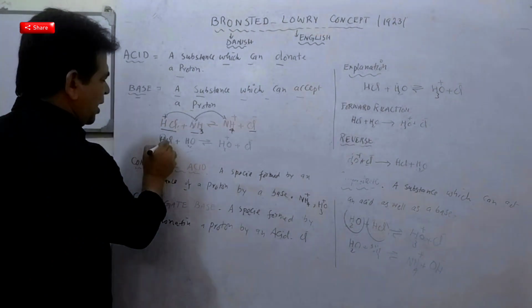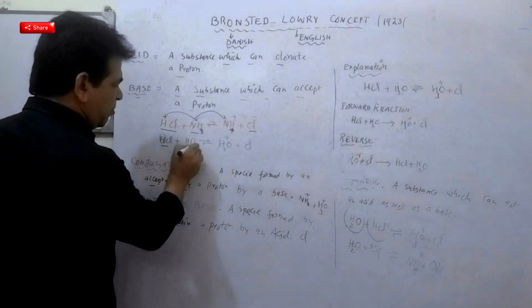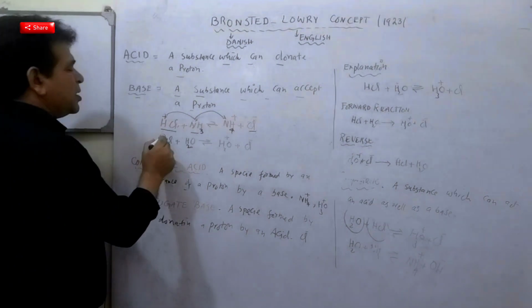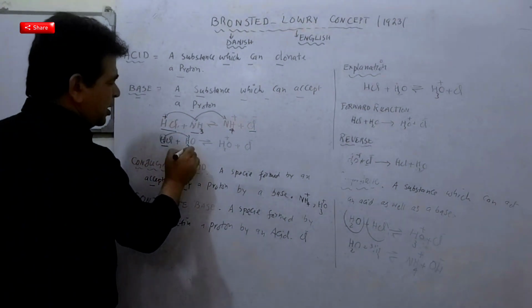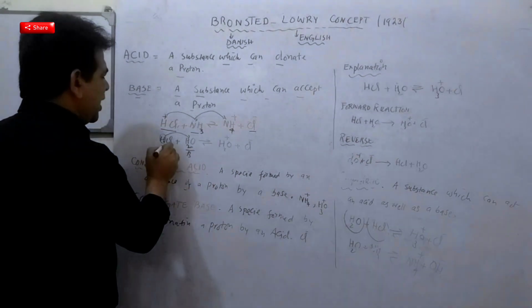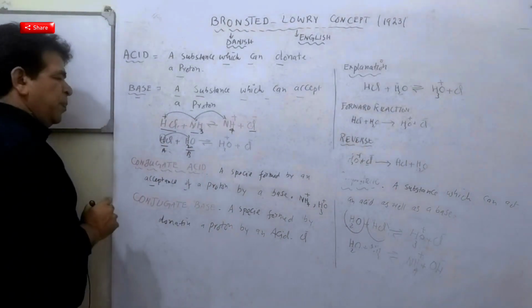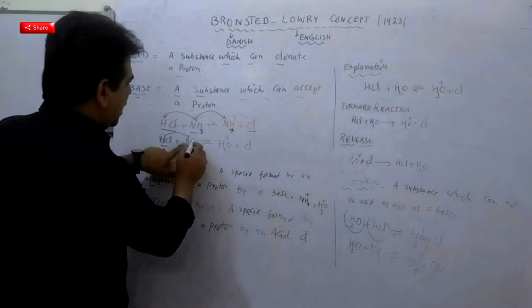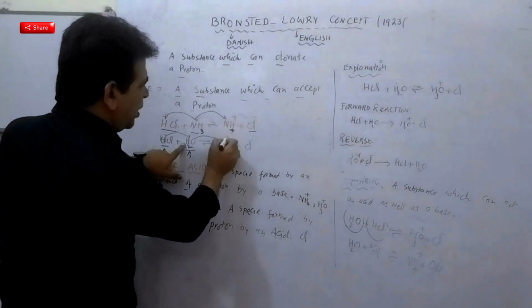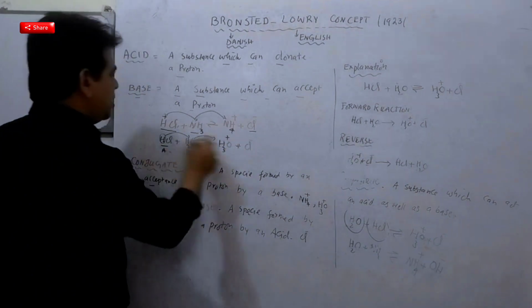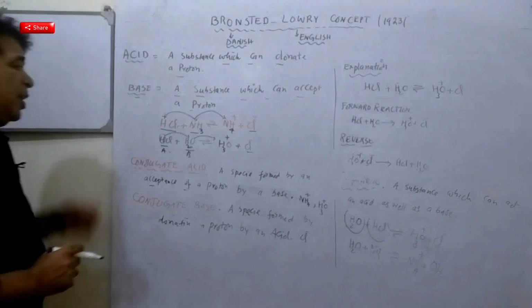Similarly, when HCl reacts with water, HCl gives its proton to water and water accepts that proton. Therefore, water here is a base and HCl is an acid. After accepting the proton, water will change into a hydronium ion, H3O+, and HCl will change into a chloride ion.